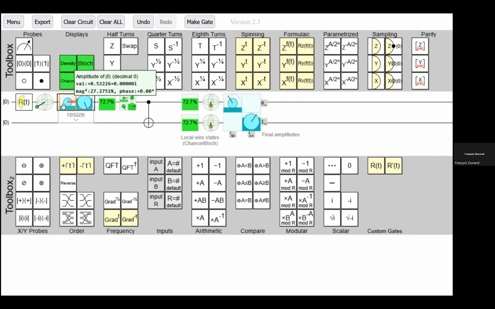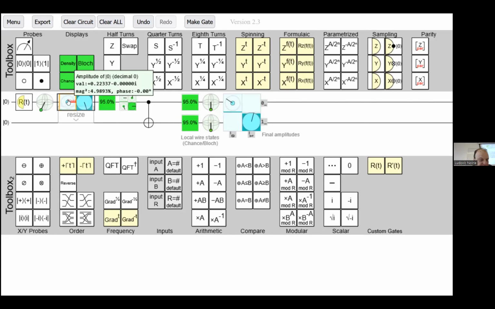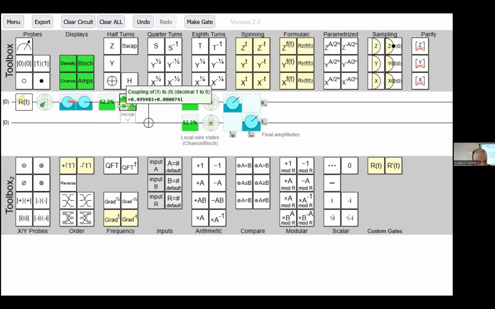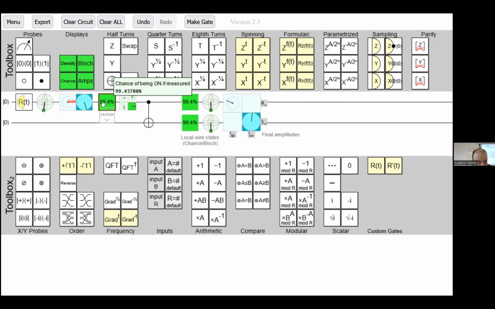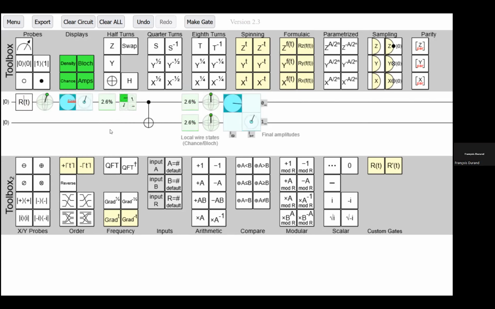For the second one, it is the amplitude on 0 and the amplitude on 1. Here you see that the probability to measure 1, in green, is the same level as the water level here. And this I will not talk about today, it's a bit too complex.